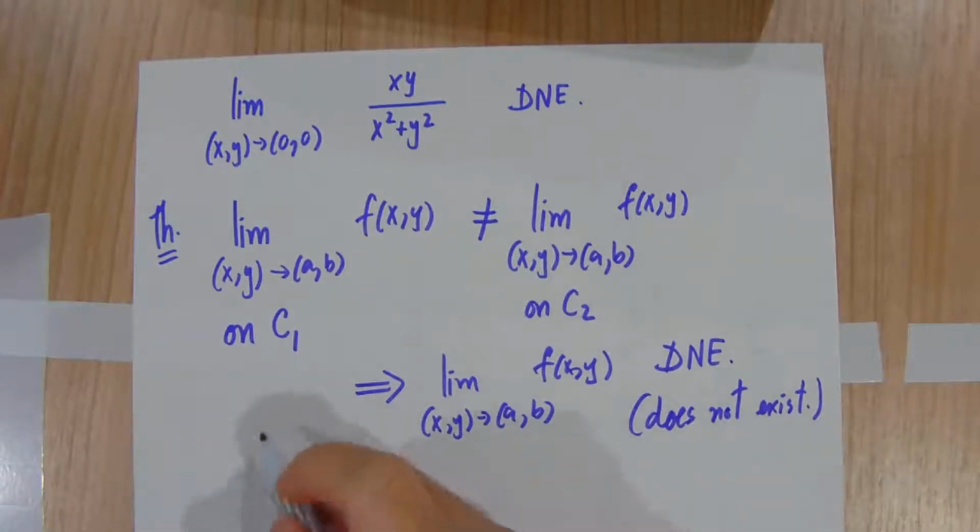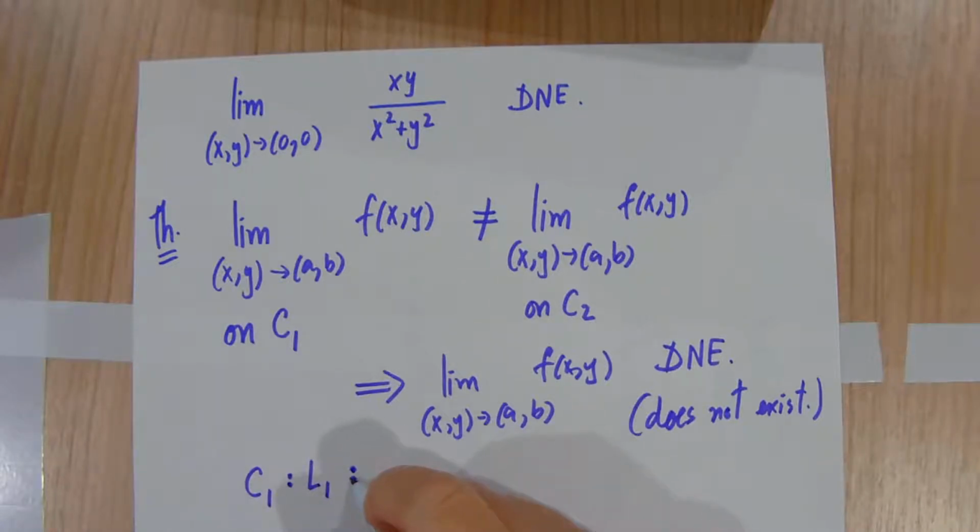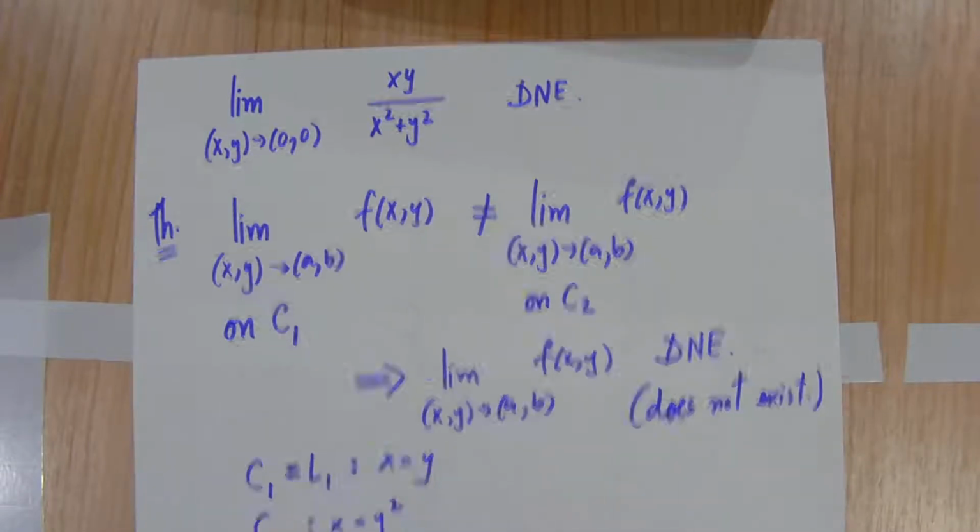Easier, right? Maybe just the curve can be like a line, or a symmetric line. Or it's just a parabola, something like this.